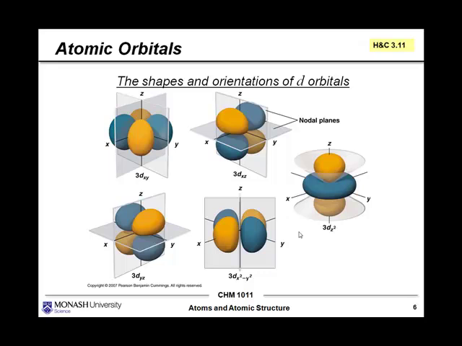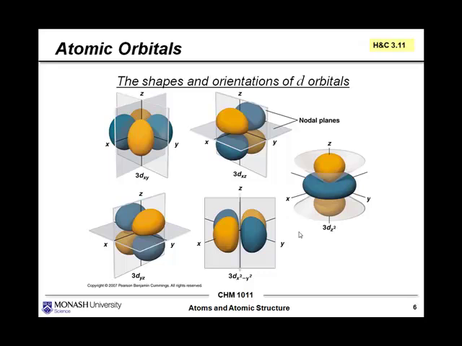There are 5 d orbitals, and they have the shapes and orientations that you can see here. In the case of the 3dxy atomic orbital, it gets its name from the fact that it has these nodal planes. In other words, these are planes where there is zero probability of finding the electron, that run along the zx and zy planes.